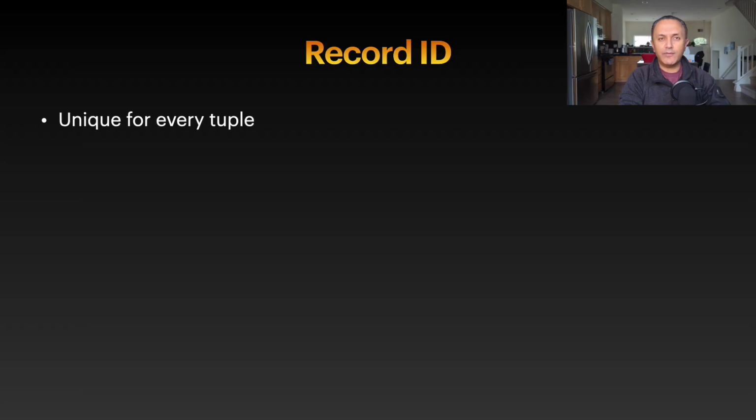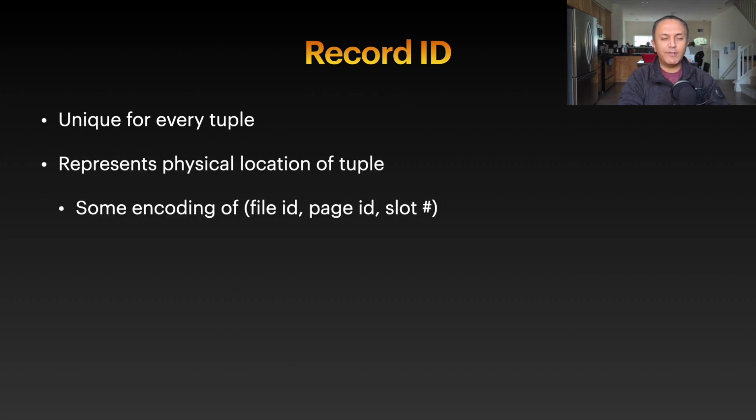And this identifier can tell us exactly where that tuple is located. It is unique for every tuple, and it represents the physical location of that tuple. It can be some sort of encoding of the file ID, page ID, and the slot number. It can also be a function that maps that ID into these three components. So there are different ways to do that.